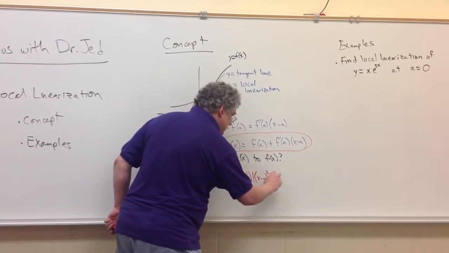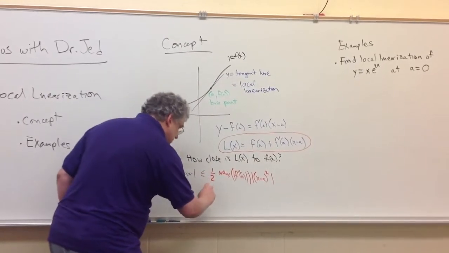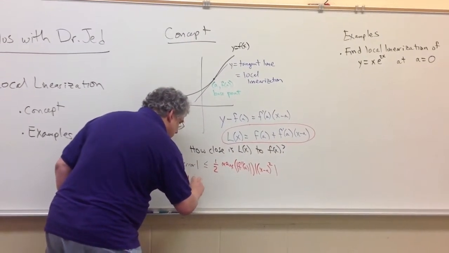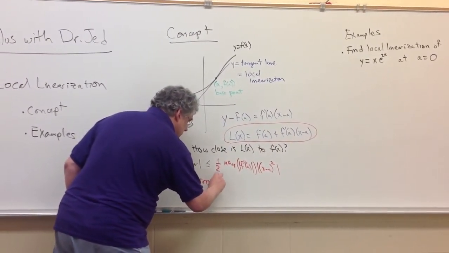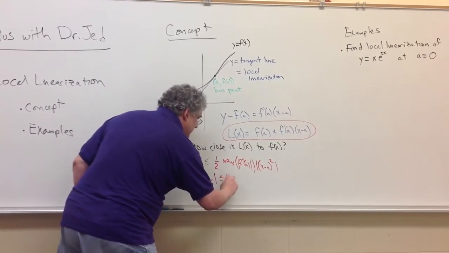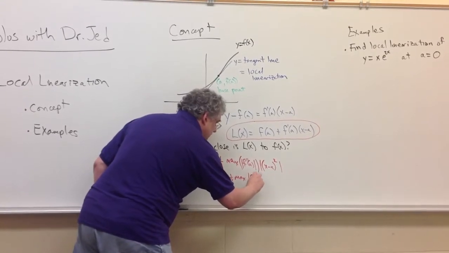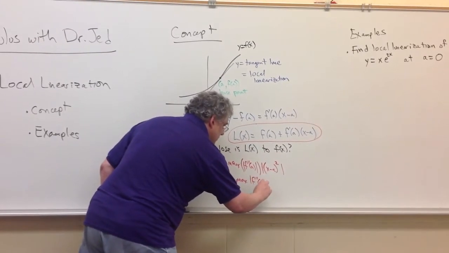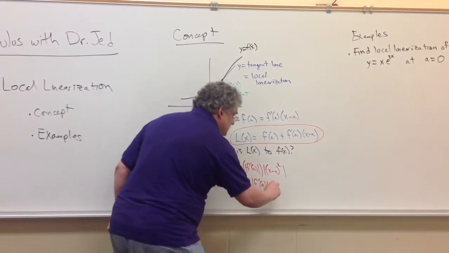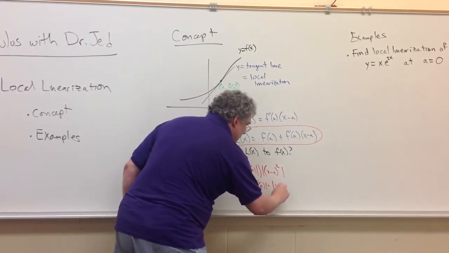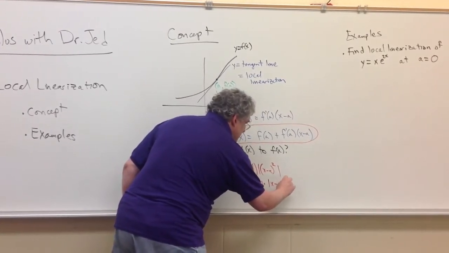And that's also an absolute value. So I'm going to rewrite this just so it's a little clearer. The error is going to be less than 1/2 the maximum of the absolute value of f double prime a times x minus a, absolute value squared.